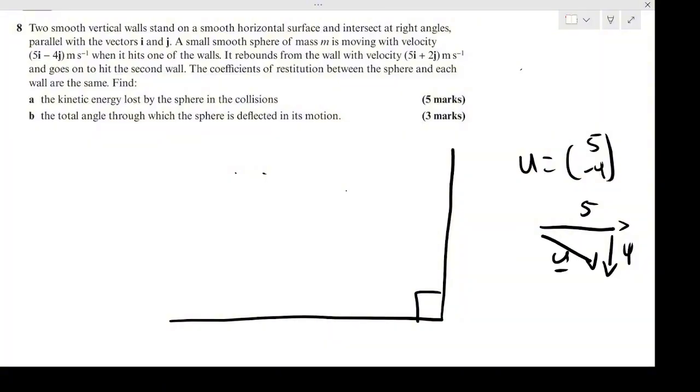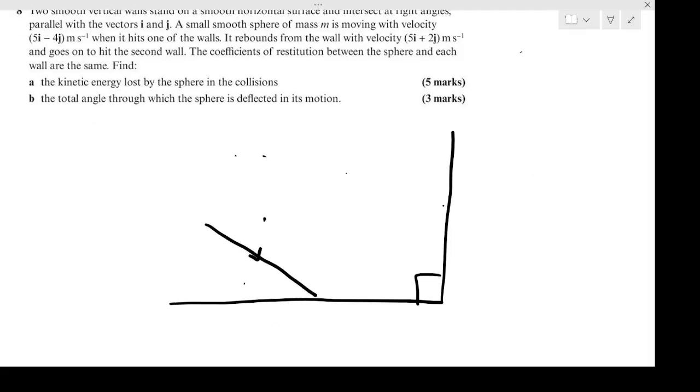It's going to strike the first wall like that. Now, I'm not going to call this u. I'm just going to use the column vector for it instead, so it's 5, minus 4. I'm just going to write the velocity 5, minus 4 here. Then it's going to rebound like that, and the velocity afterwards, we're told, is 5i and 2j. So 5, 2 like that.